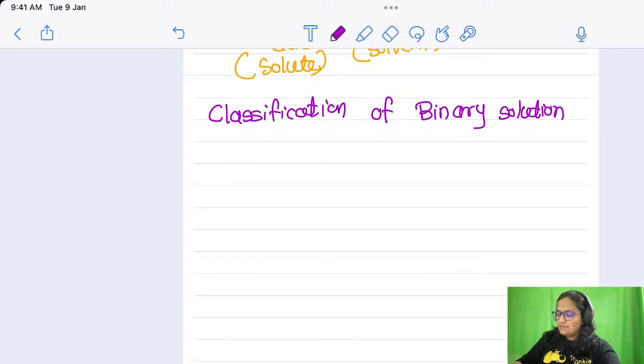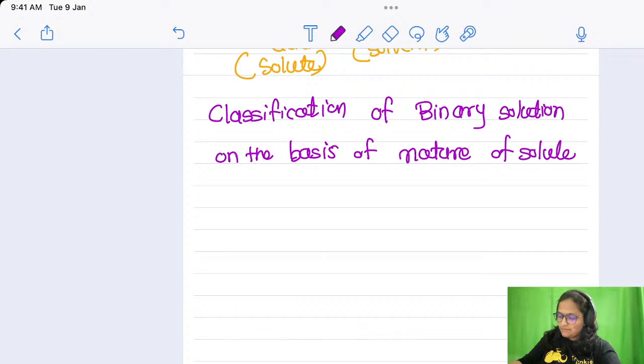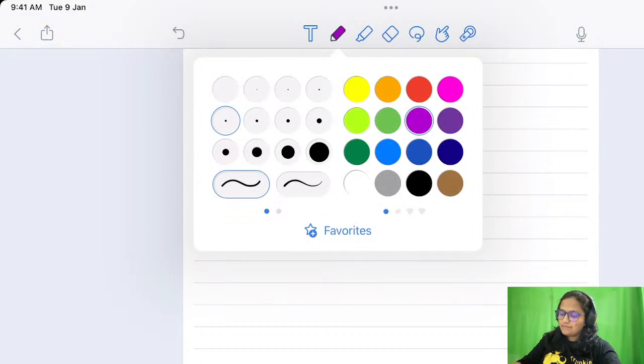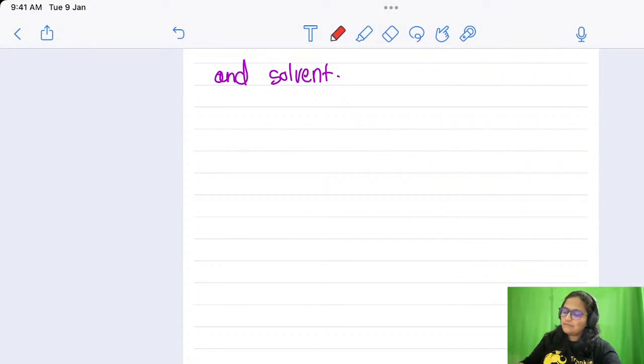Solution on the basis of nature of solute and solvent. Nature, or you can write down the physical state as well. Okay, so here the type of the solution.